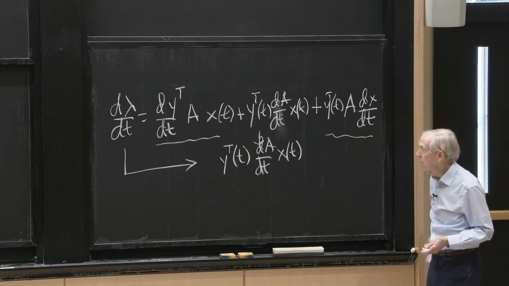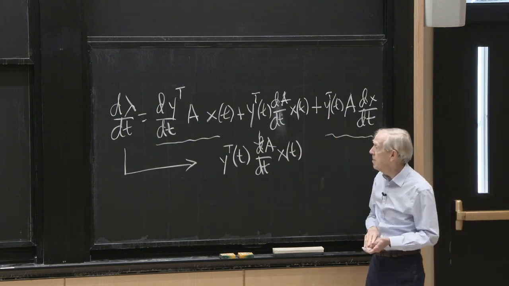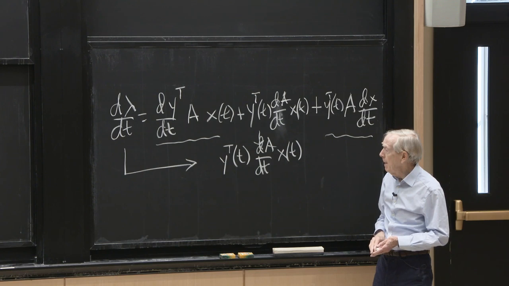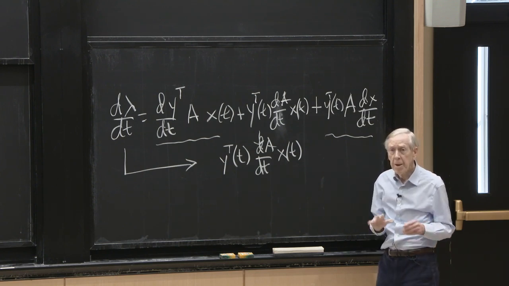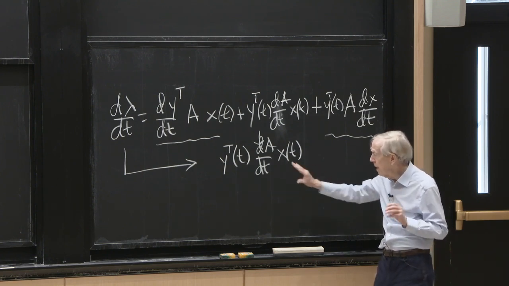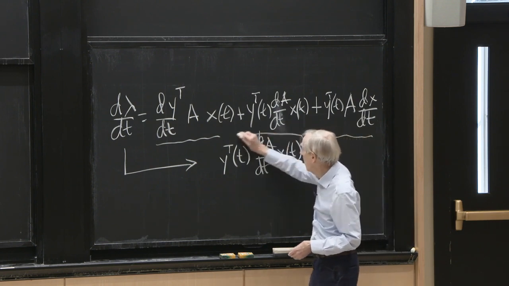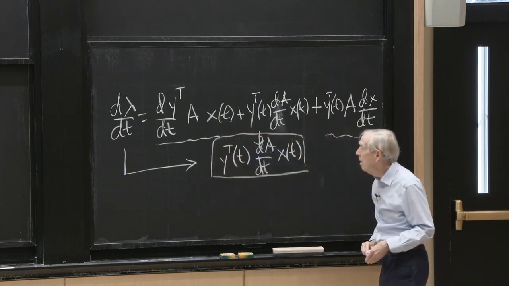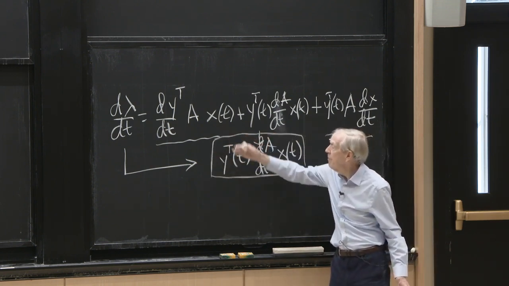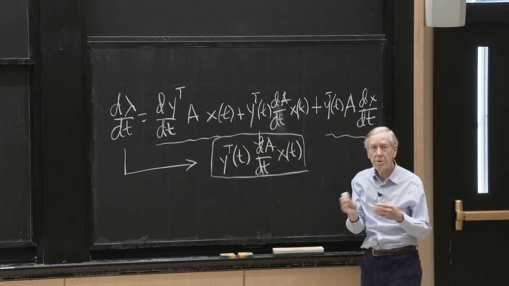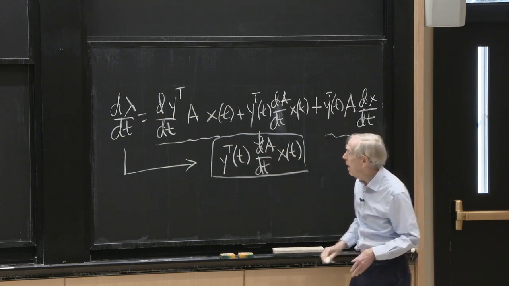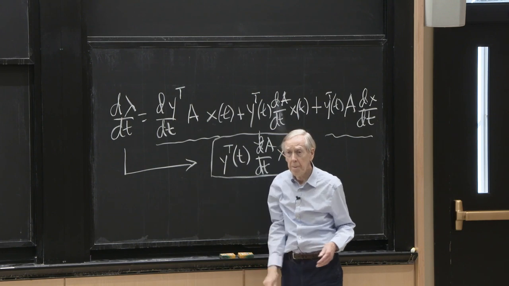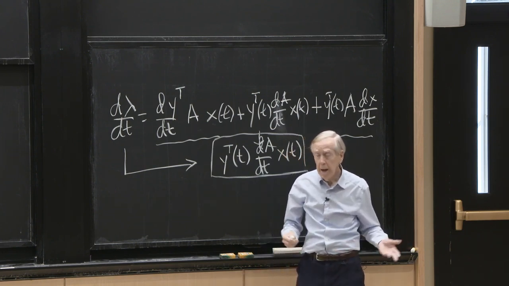Okay. So why do those two guys add to 0? That's all that remains here, and then this topic is ended with this nice formula. Okay, so I want to simplify that, and show that they cancel each other. So what is AX? It's lambda x.